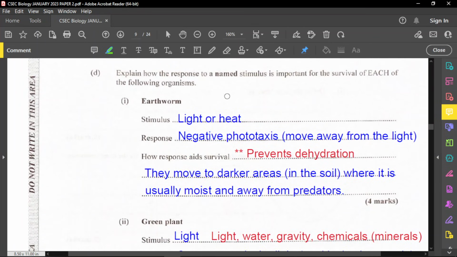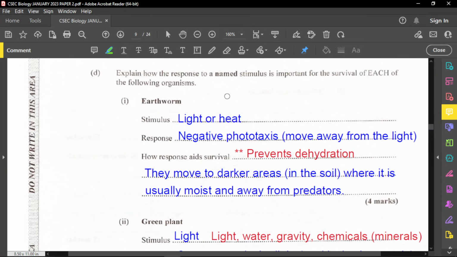Now part D is explain how the response to a named stimulus is important for the survival of each of the following organisms. And so earthworm, a major stimulus is light or heat, and the response is a negative phototaxis response, which means that the earthworm will move away from the light, so it moves away from the stimulus. All right, so anything regarding that should be all right.